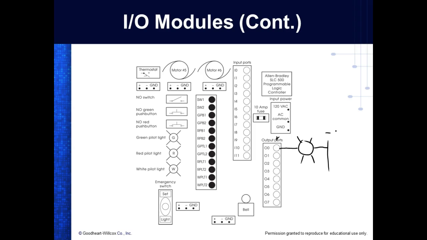But sometimes it's up to you to decide whether your output module outputs a minus or a plus. This one we have no choice. This is called a sourcing module. When it says sourcing, that means it outputs a plus or DC. If it outputs a plus, then I have to provide the what? The negative. Right? You understand?